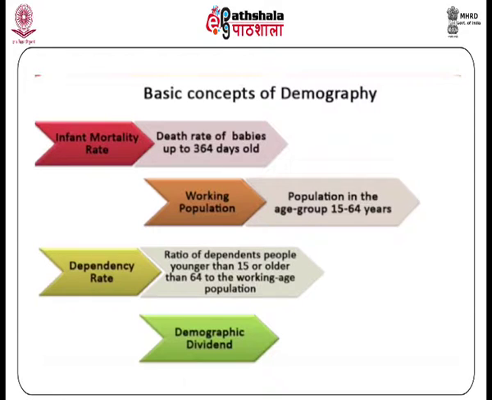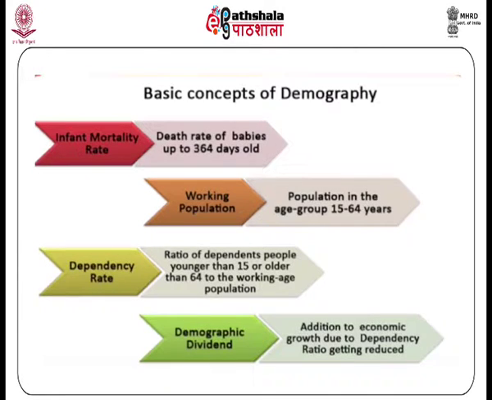Demographic dividend is the addition to economic growth due to the dependency ratio getting reduced and the proportion of working population getting increased. The first ever population head count, or census, started in 1867 under the East India Company.